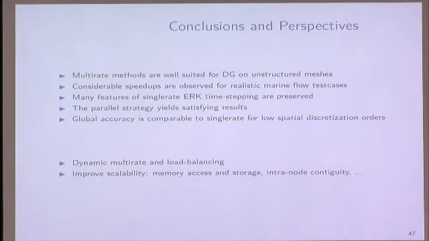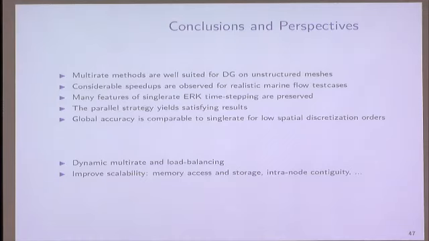By using an appropriate partitioning strategy and adapting the global multi-rate algorithm, we show that the parallel performance is still good with multi-rate setups. And we showed before that the global accuracy is comparable to single-rate for low spatial discretization orders.